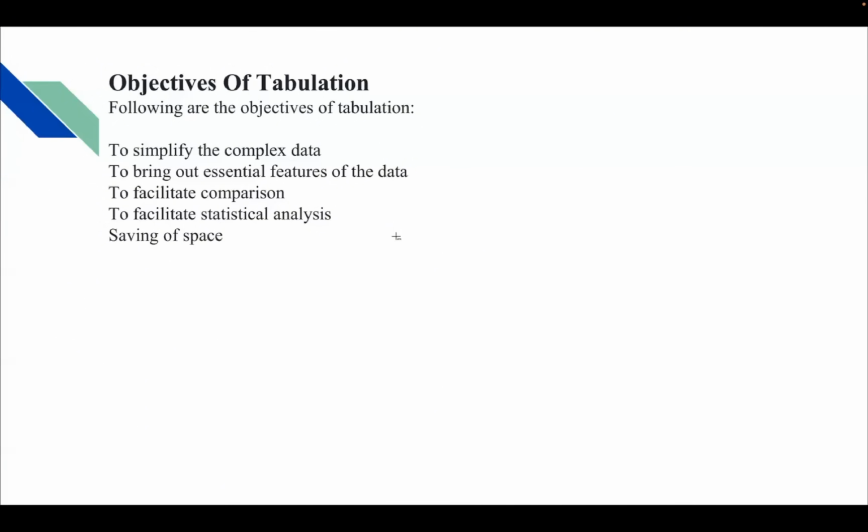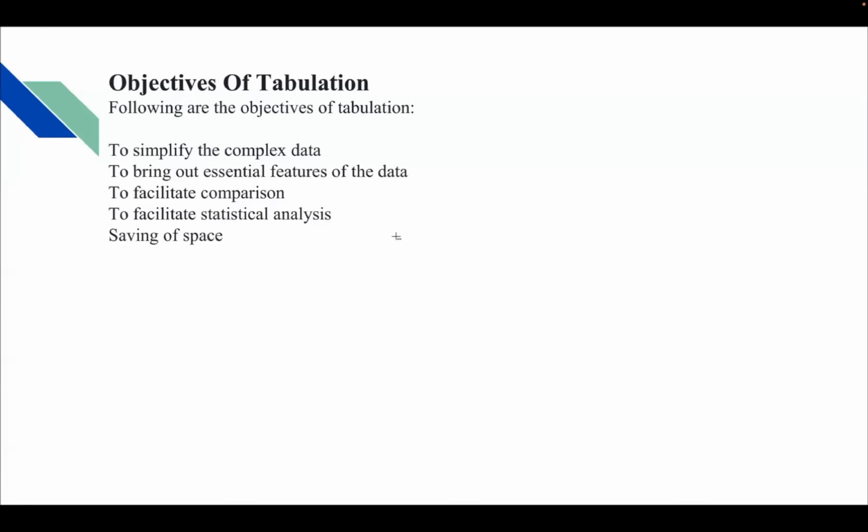Let me rephrase my question. If you want to tabulate data, why would you want to do it? What will inform your decision? To make it easy to compute.